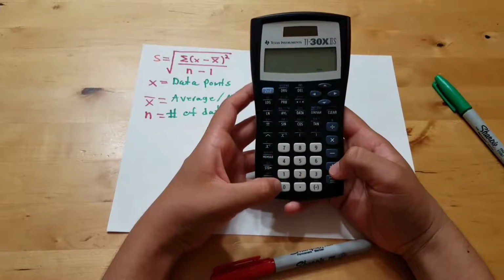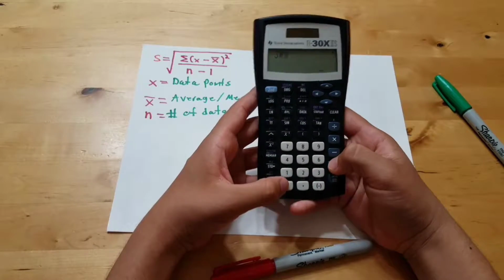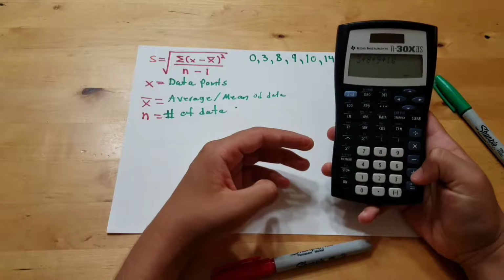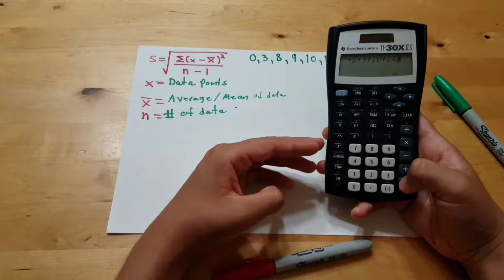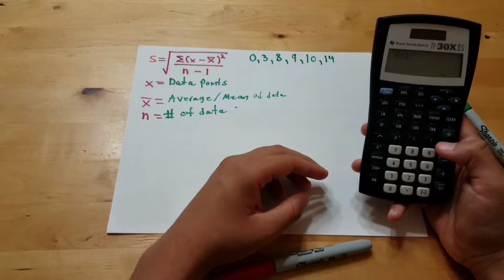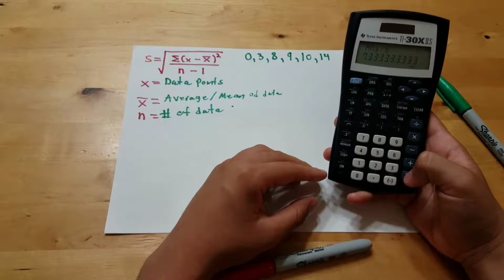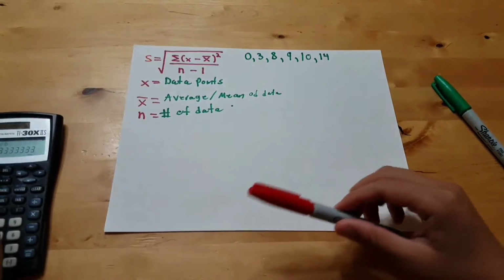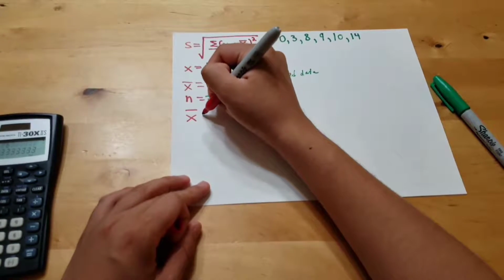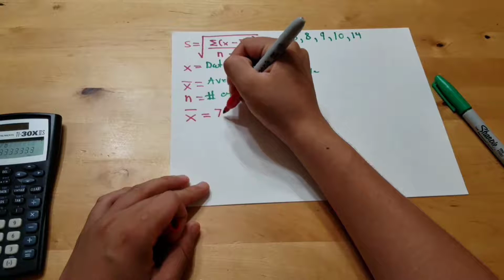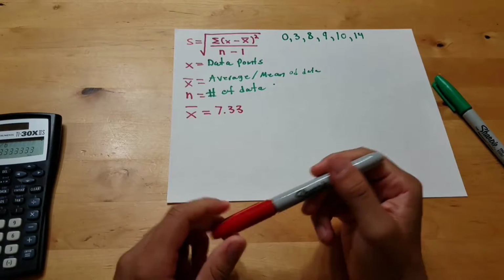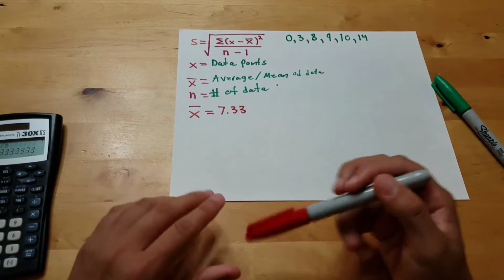We have 0, which is basically nothing, so we have 3 plus 8 plus 9 plus 10 plus 14, which is equal to 44, divided by 6 data points, which is 7.3333. So write it down here: X with the line over it is equal to 7.33.